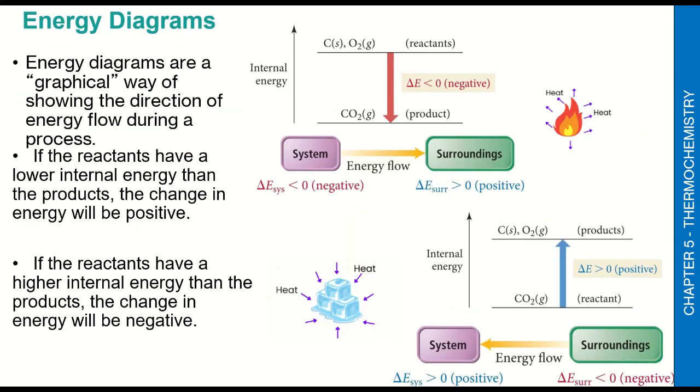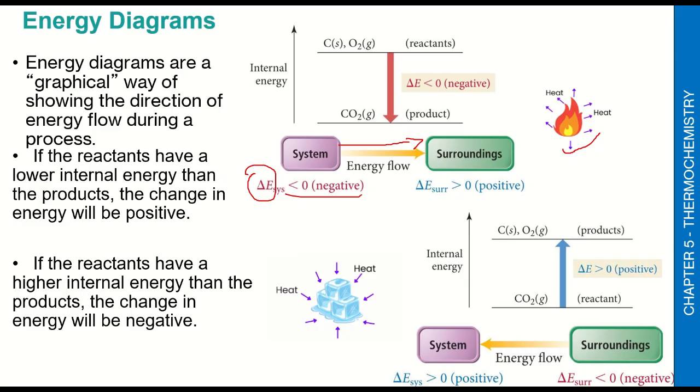Okay, and we have the energy diagram. When the system is losing heat, so it's giving away the heat, energy will flow from the system to the surroundings. So the energy change of the system will be negative, like we have with the fire.